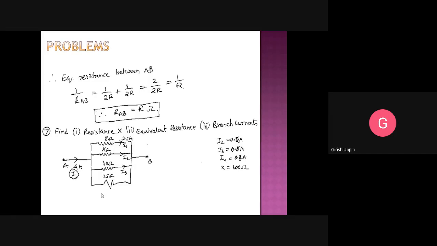How will you solve the problem? There is one way. If you identify that, then you can easily find out the different unknowns here. Where will you start?